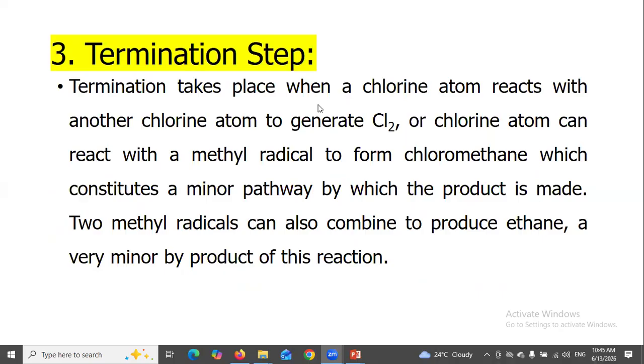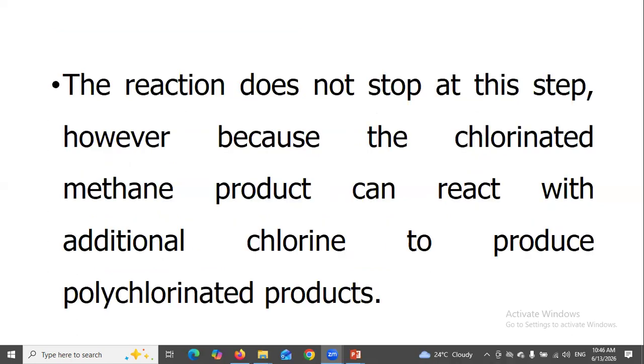Termination takes place when a chlorine atom reacts with another chlorine atom to generate chlorine, or a chlorine atom can react with a methyl radical to form chloromethane, which constitutes a minor pathway by which the product is made. The methyl radicals can also combine to produce ethane, a very minor product of this reaction.